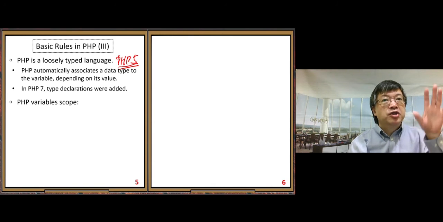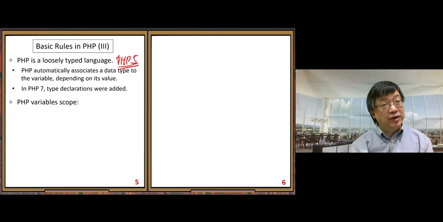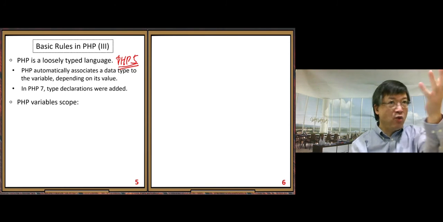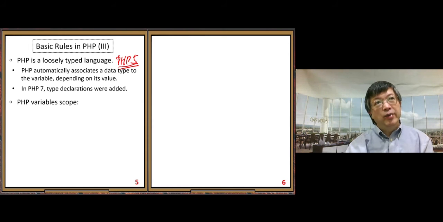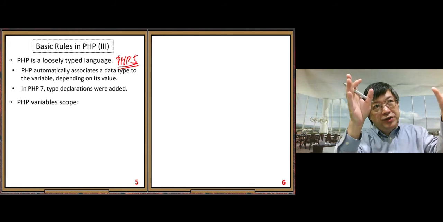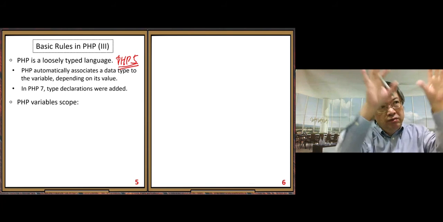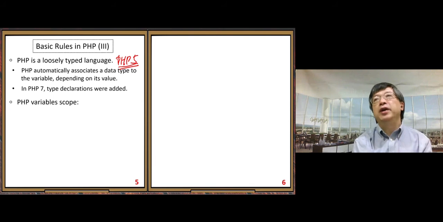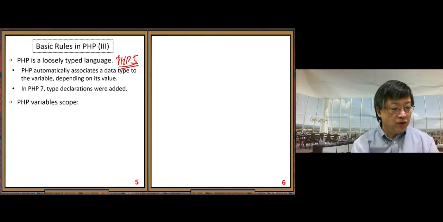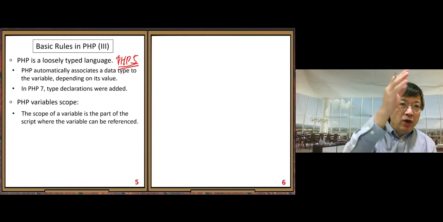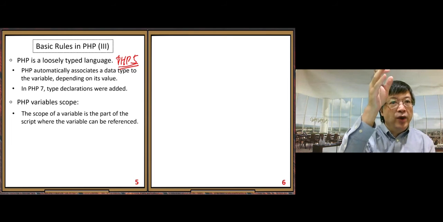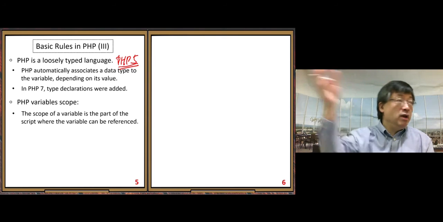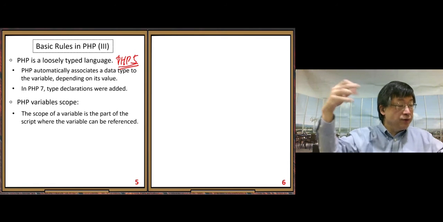PHP variable scope concept. We're familiar with the scope concept in high-level programming languages, different scopes. We want to look at what the scope rules are in PHP. The first one: the scope of a variable is the part of the script where the variable can be referenced. That's the definition.